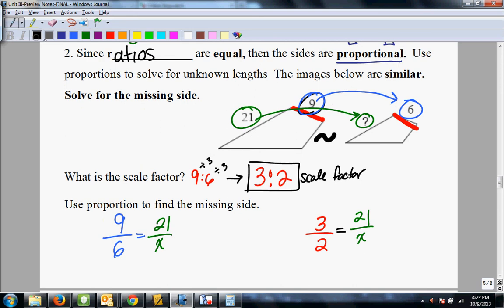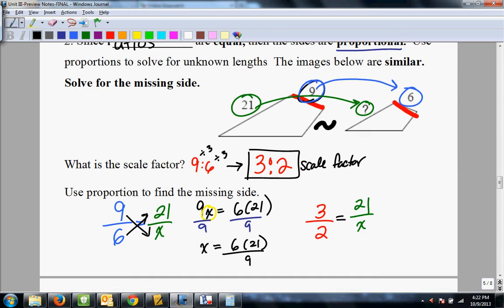So from here we cross multiply. So I have 9x equals 6 times 21. The key to multiplying is not multiplying. It's simplifying. So rather than getting your calculator out and doing 6 times 21, why don't you do this instead? Let's get x by itself. So I'm going to divide by 9. So I end up with x equals 6 times 21 divided by 9.